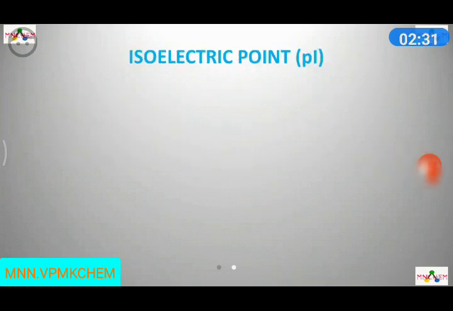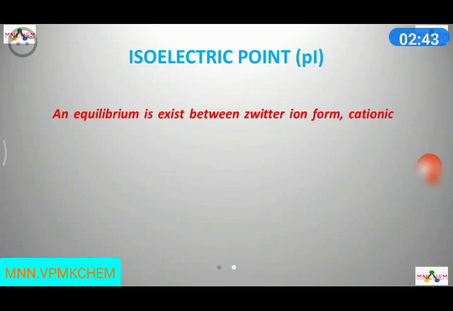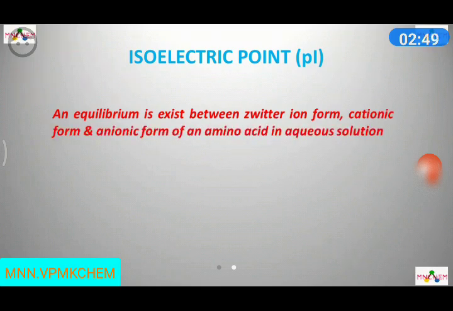Next, we are going to discuss what is the isoelectric point. It is represented by pI. When we write the dipolar ion form of amino acid, we call it a Zwitter ion. It exists in equilibrium with the cationic form and anionic form in aqueous solution.